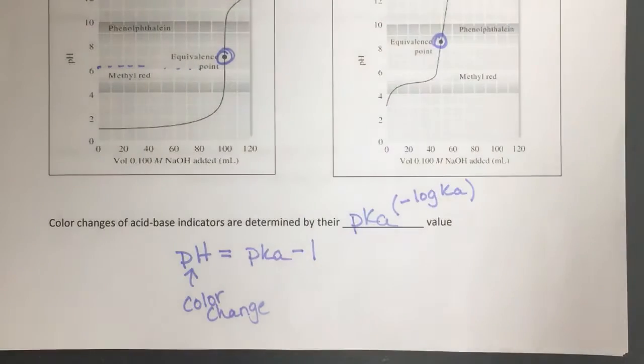There's a whole big long algebraic expression that explains why, but all you need to know is if you're given the pKa values or the Ka values, you determine the pKa minus 1. That'll tell you where it's going to change color. Okay?